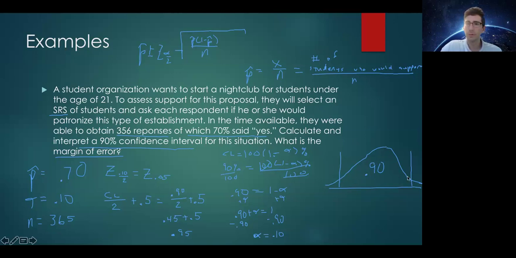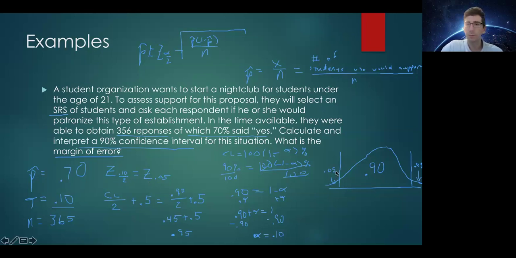And if there's 90% on the inside, then that means there's 5% below here and 5% above here, because our normal distribution is symmetric. So if you have 90% on the inside, you've got 10% left over altogether, hence our alpha. And then we have to divide it by 2, because it's an interval.